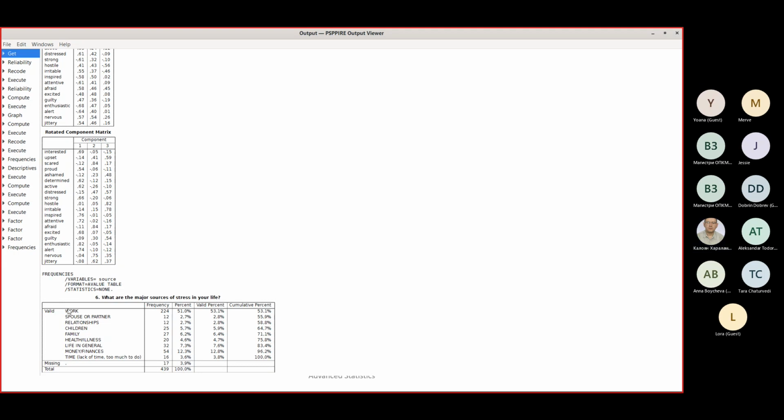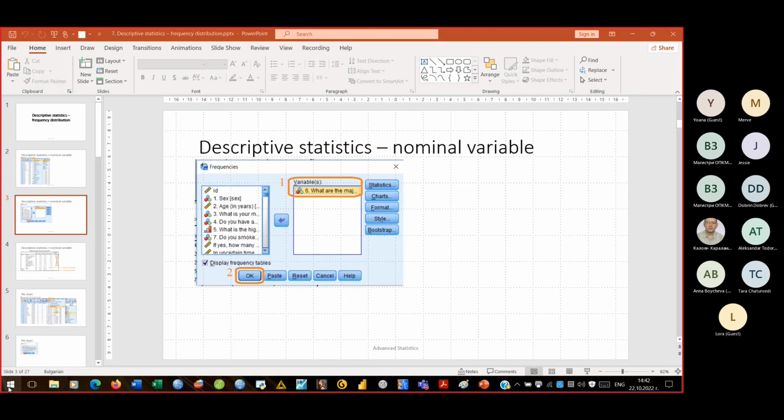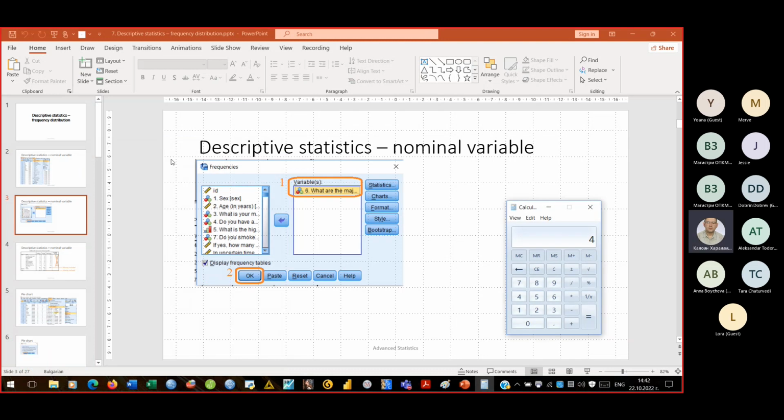So work is main source of stress for 51% of all 439 persons, but work is main source of stress for 53% of persons who answer this question, and they are 439 minus 17, 422.